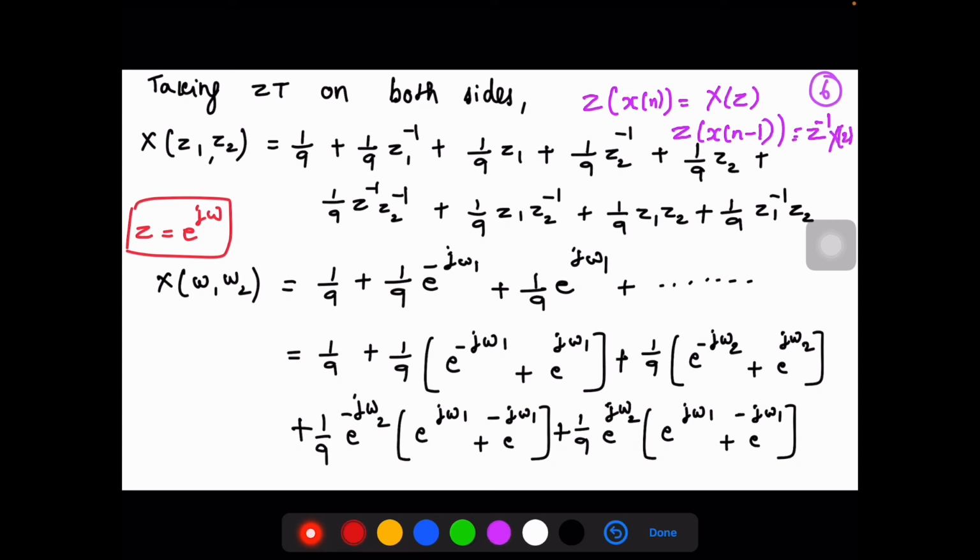Yes. So by using this z power minus 1, I get z1 power minus 1 and z2 power minus 1, it goes like that. So by using the property of shifting in time domain.